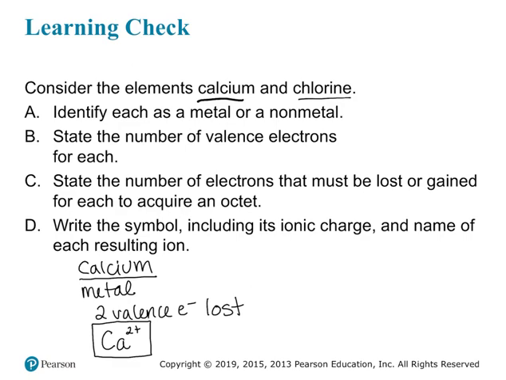Okay, so let's go over chlorine. So is chlorine a metal or a non-metal? It's a non-metal, so it is on the far right of the periodic table. How many valence electrons does chlorine have? 7. We saw that earlier, right?